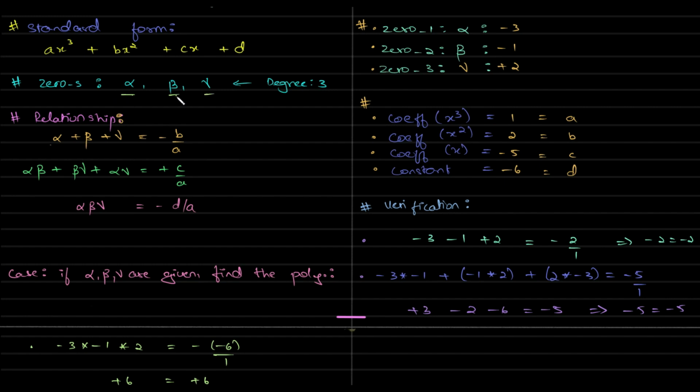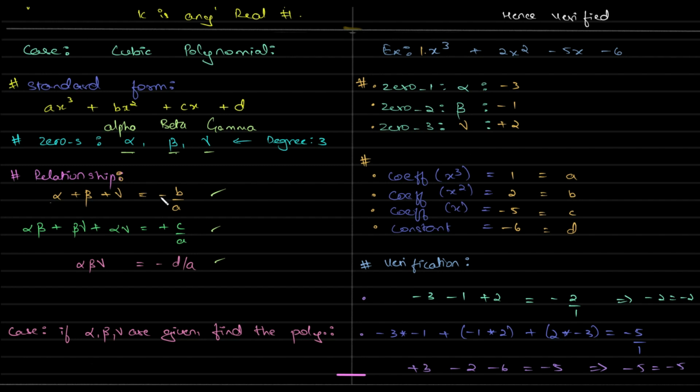That's how you read this as alpha, beta and gamma. So there are 3 zeros, and the relationship is this. We need to memorize that, and we verified using one example.